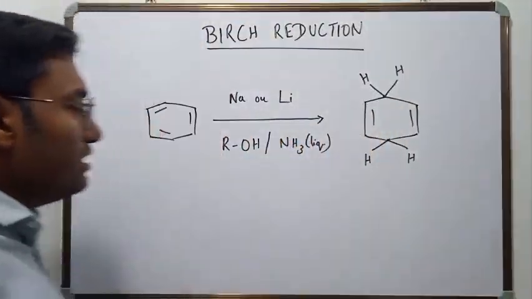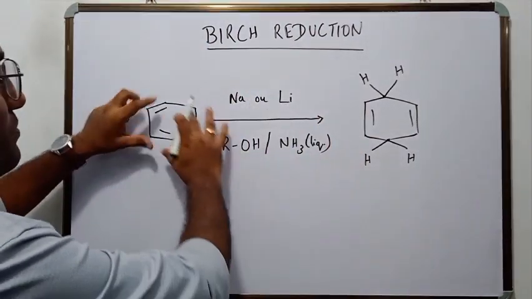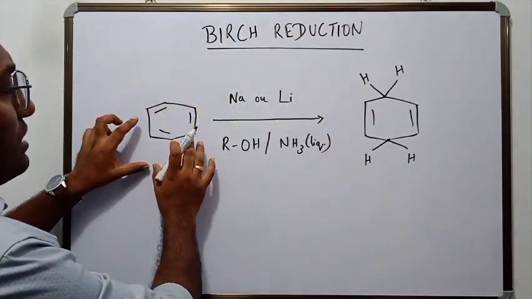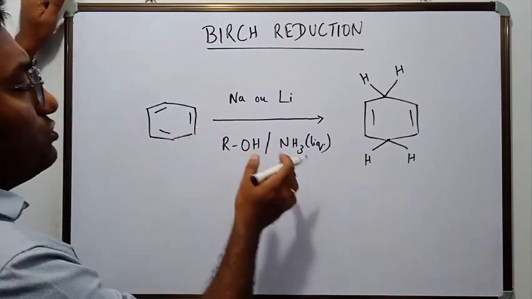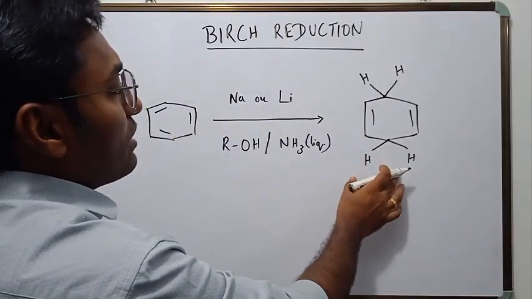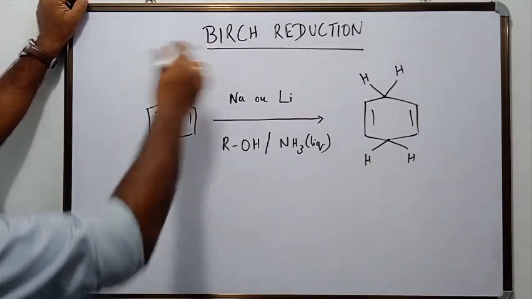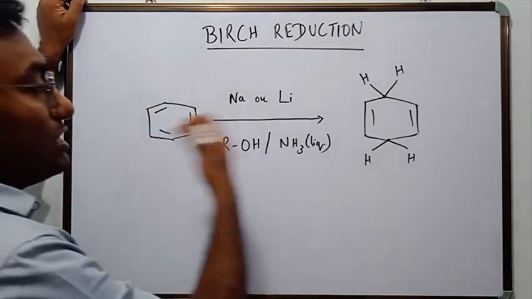So Birch reduction is a reduction in which benzene is reduced to 1,4-cyclohexadiene.